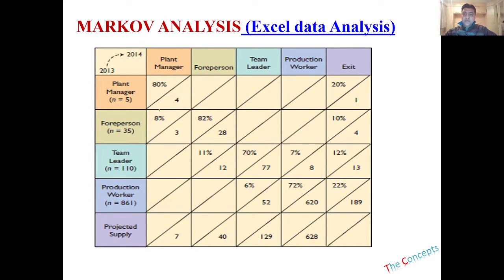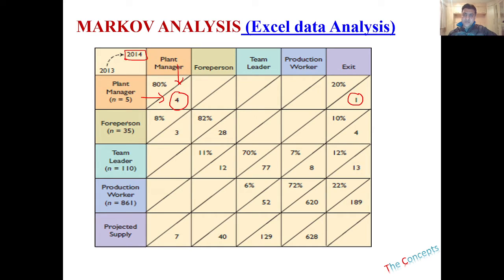Now, the concept to understand here is that in the coming year for which we are planning, at the plant manager level, you expect 4 plant managers to remain plant managers, but you also expect that one of them is going to leave you. So this is simple.